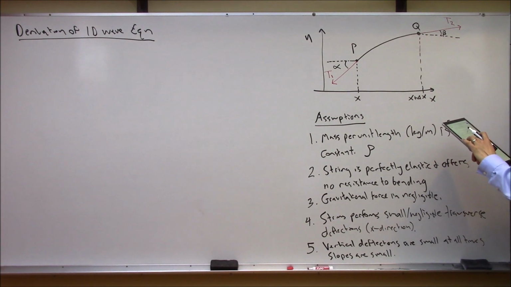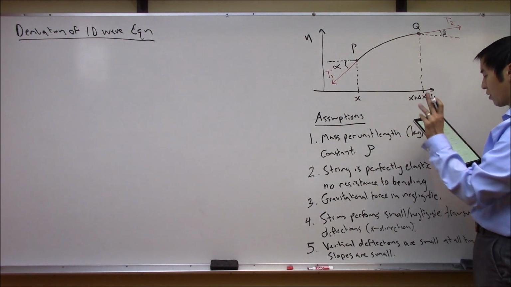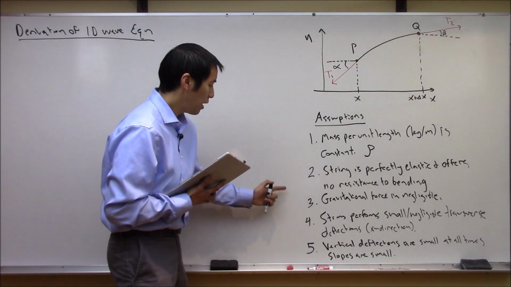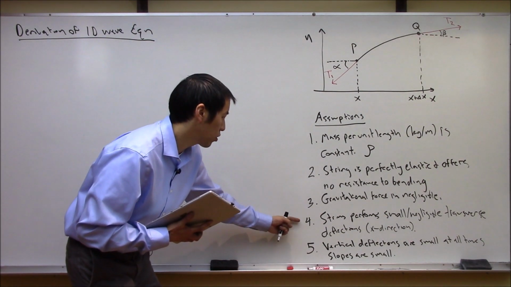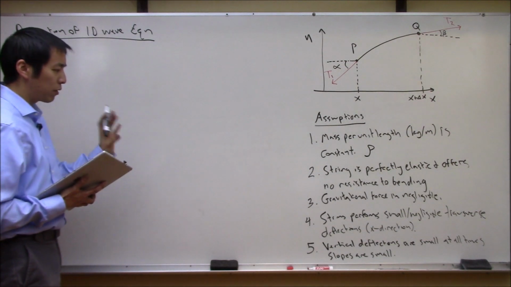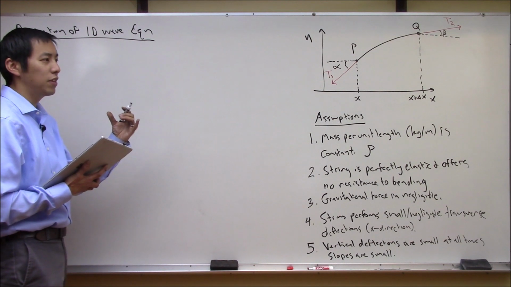Okay. If we do that, let's go over here and write down some of the consequences. Namely, let's look at consequence number 4. In order for assumption A3 to hold, the horizontal components of these forces have to equal each other.